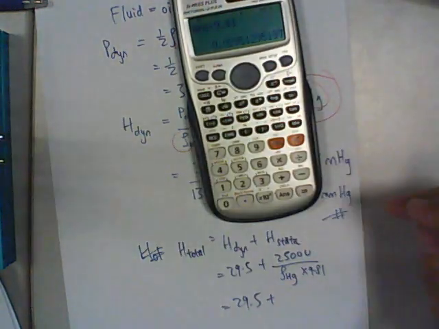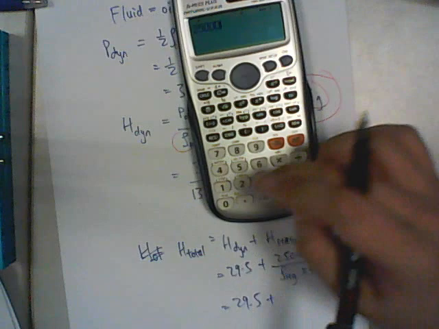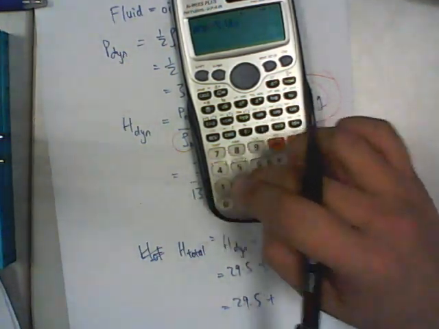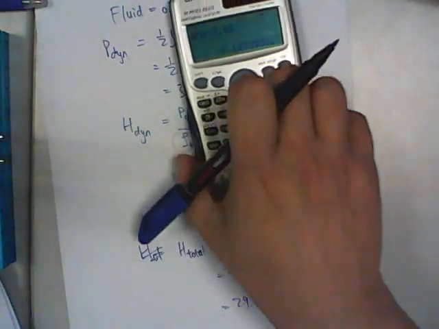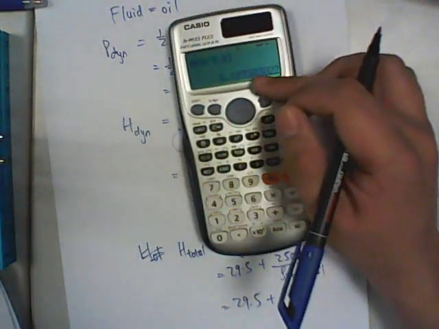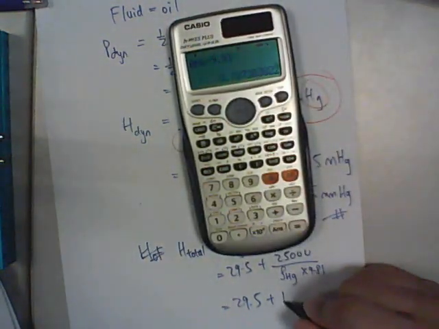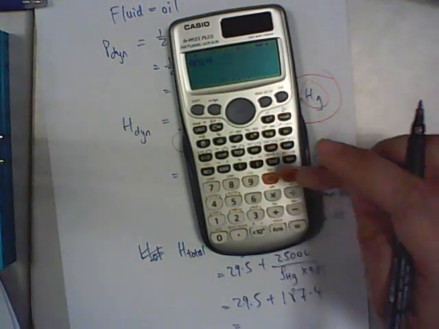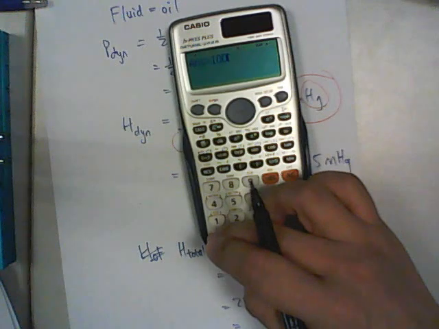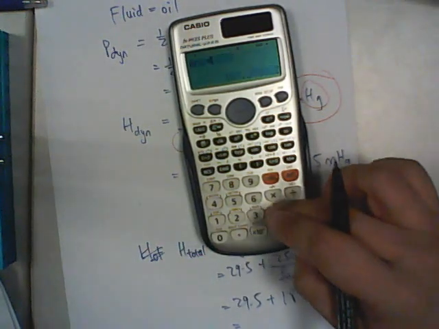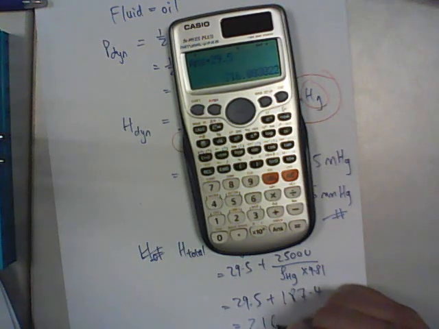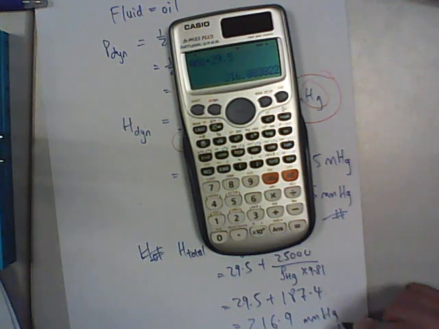So 29.5 plus 25,000 divided by 13,600 divided by 9.81. Again, this is in meters of mercury. You're going to convert to mm, it will be 187.4 (times 1,000) plus 29.5. So the total head is 216.9 mmHg.